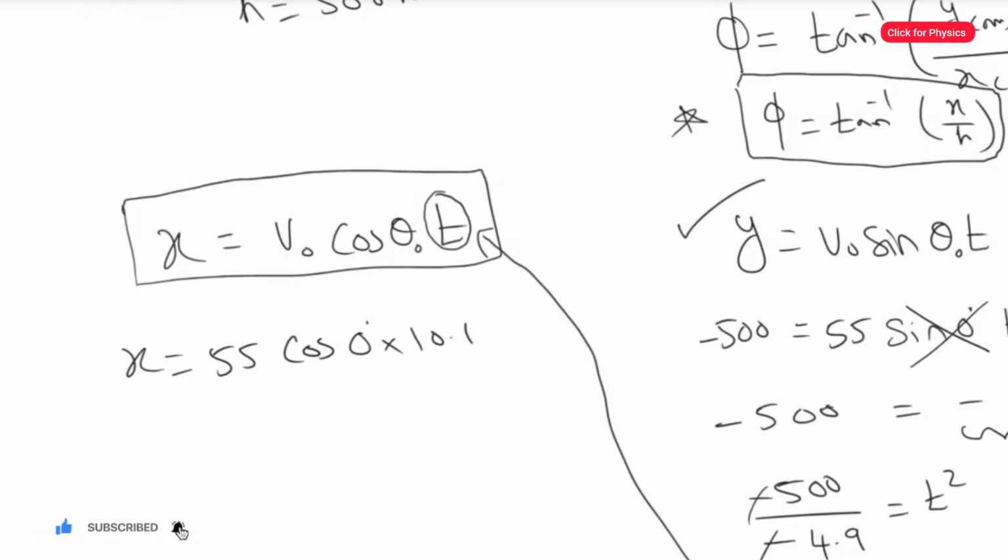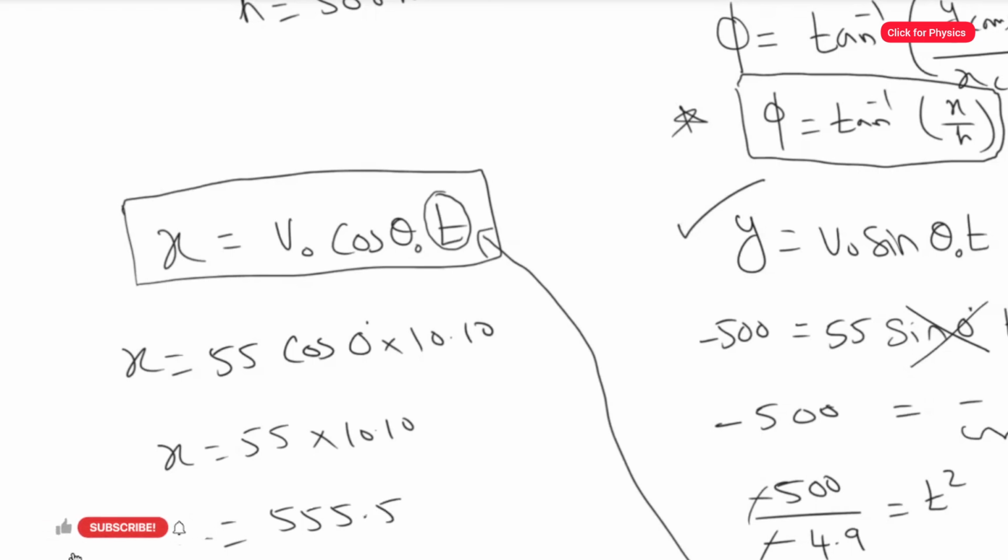Cosine of 0 is 1, so x equals 55 multiplied by 10.10, which is 555.5. So x is equal to 555.5, and the unit here is meters.